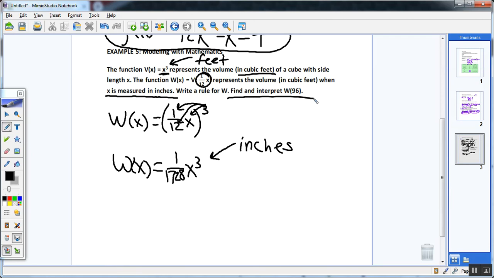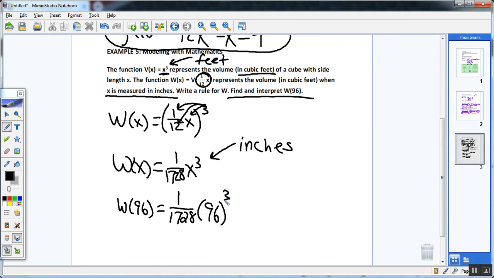Well, this is what find and interpret w of 96 means. They're saying, hey, I measured one edge of a cube to be 96 inches long. Basically, they want you to evaluate w of 96. So this becomes 1 over 1728 times 96 to the third. All right.